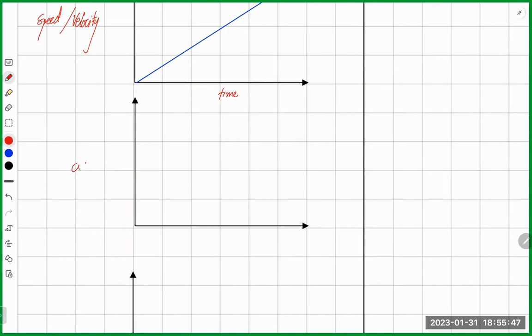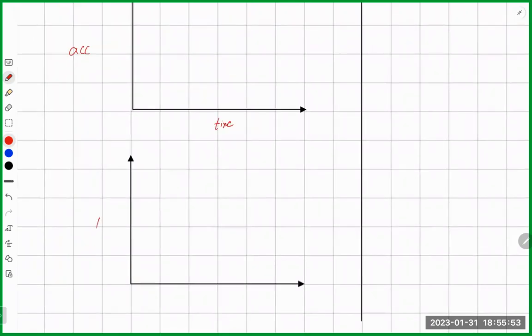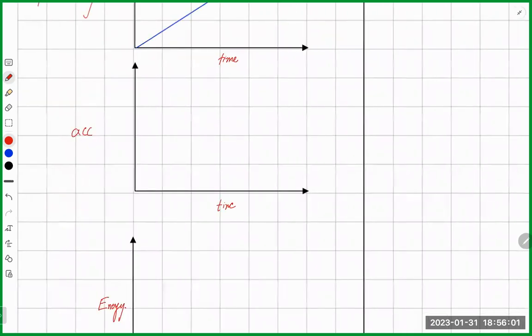Acceleration and time, and energy and time. Okay, acceleration and time. The graph has to be like this.